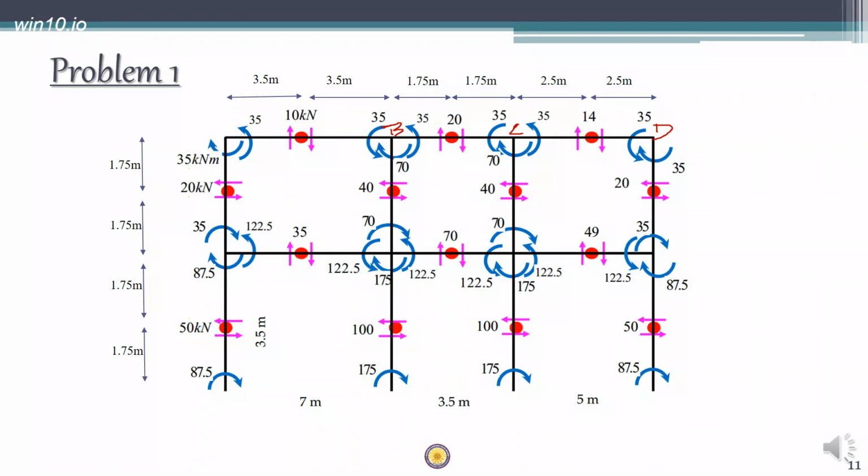Now it is also important to find out the vertical or axial force on each of the columns. So from here it is clear that if you take this part, you can see that there is a 10 upward force, which means that here there should be 10 downward.